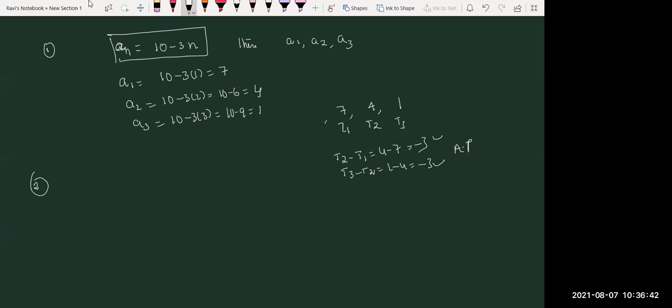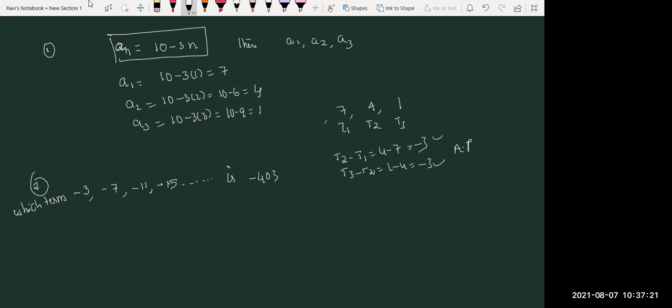Look at the next question. The given sequence is 3, minus 7, and so on.